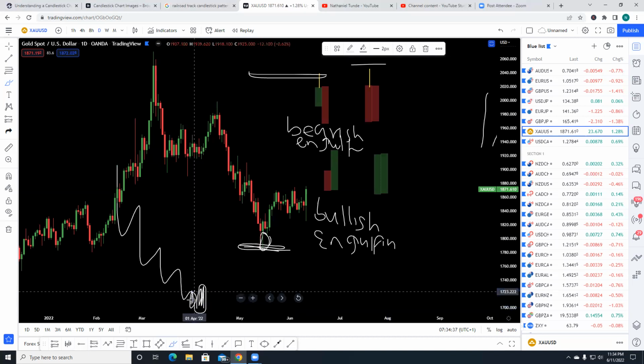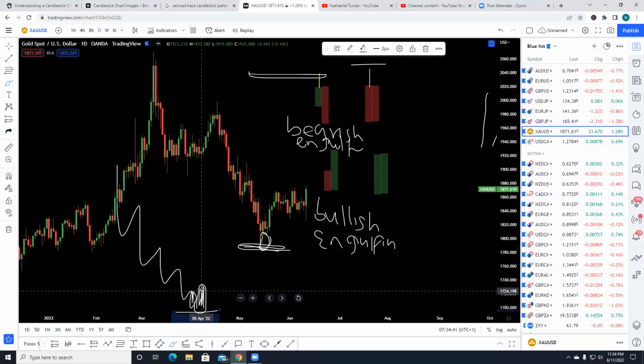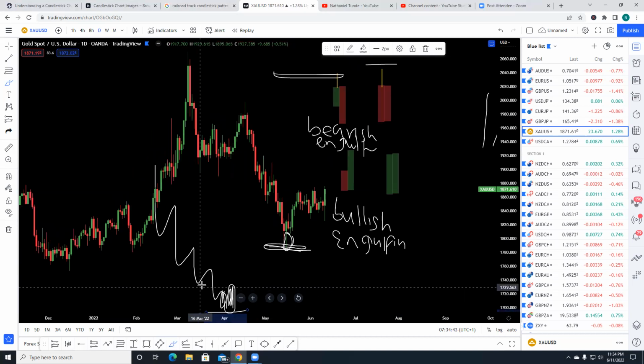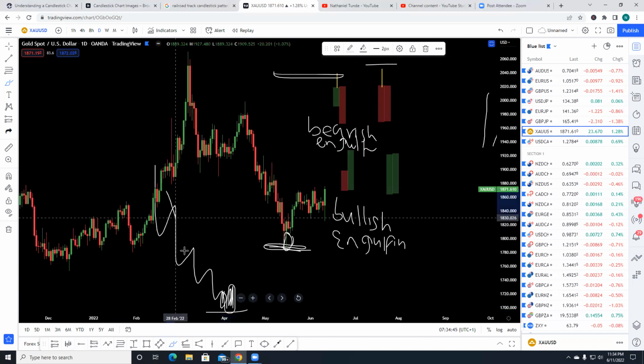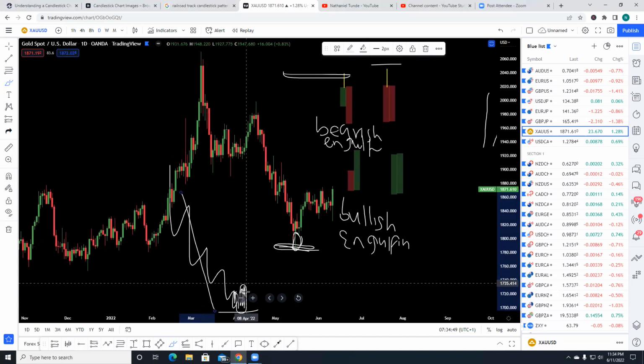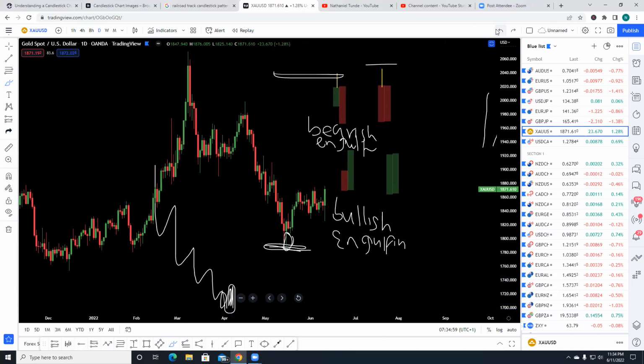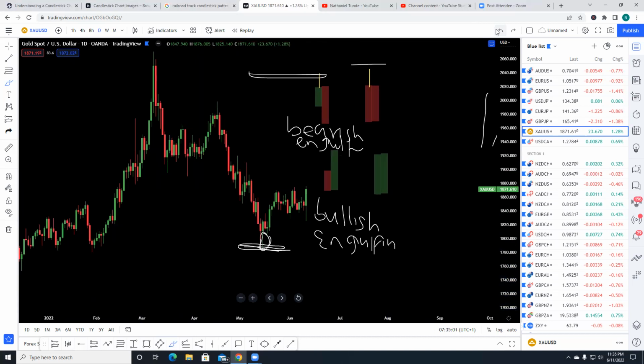When that happens at support, at demand, we know that this is the end of the downtrend. And what are we looking at now? Boom. We are looking for a boom to the upside. That is what you see here, guys. This is what is called the bullish engulfing candlestick pattern. Do you understand now? Good.